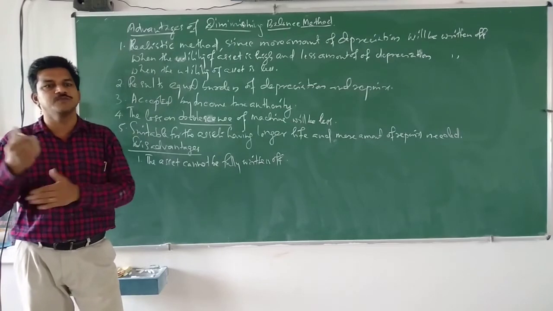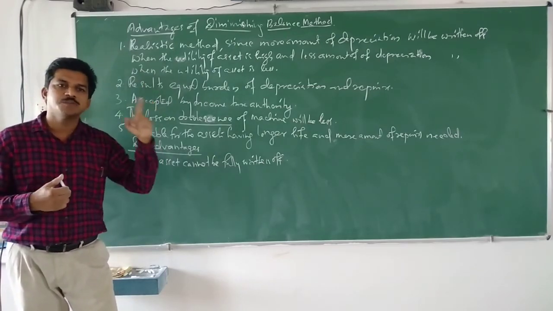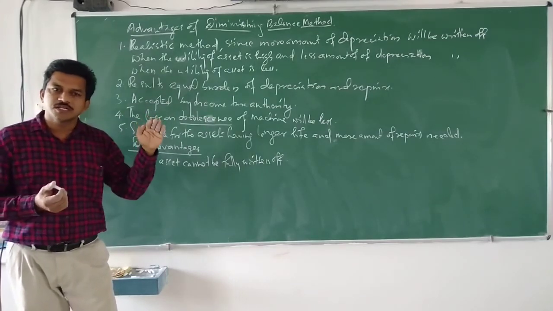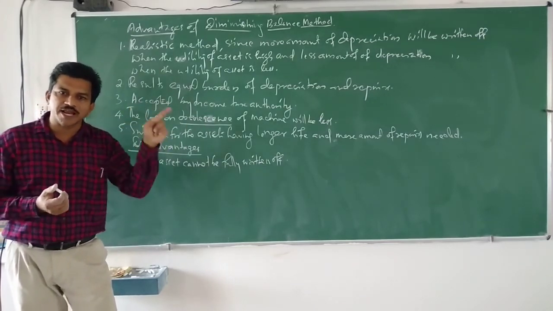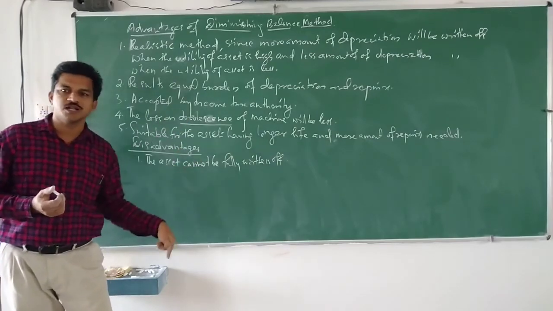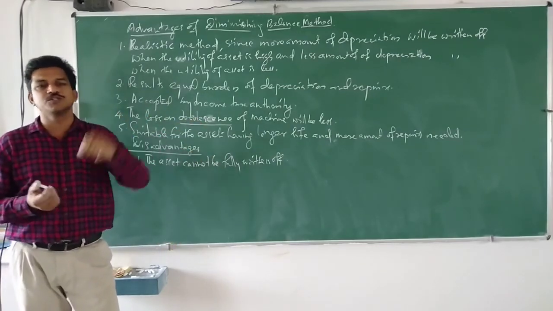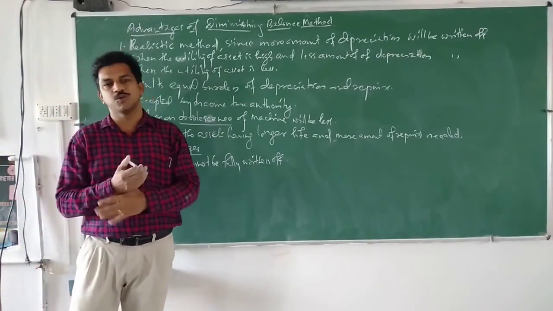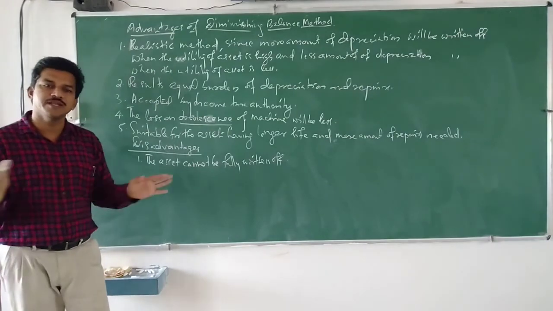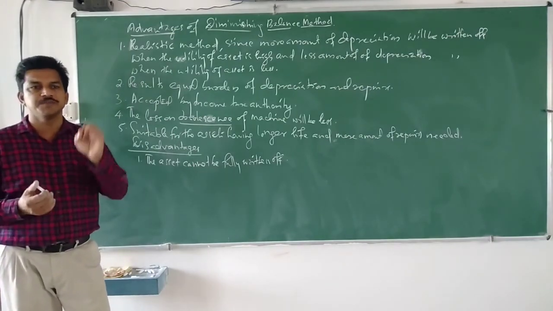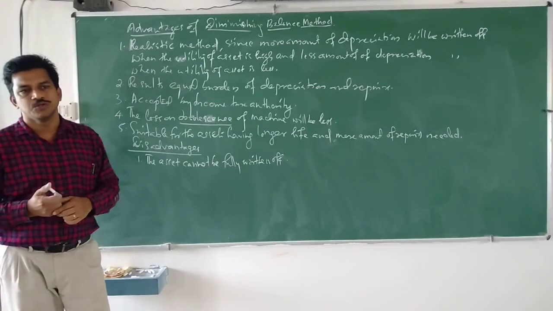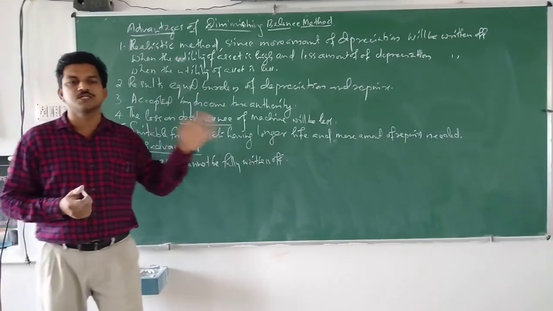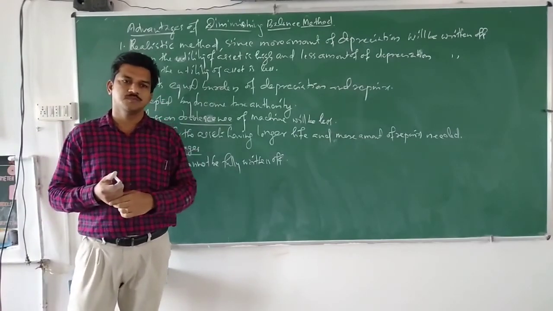So that year, how much will we write off as depreciation? 10% or 20% of that 1000 rupees. If we write off 10% of 1000, the remaining 900 will be left. Next year, 10% of 900 only needs to be charged. That means the asset will no longer be zero, or the value of the asset will not be nil. Every time the asset will have a certain value. So that is what it is saying, that the asset cannot be fully written off. That is one of the limitations.